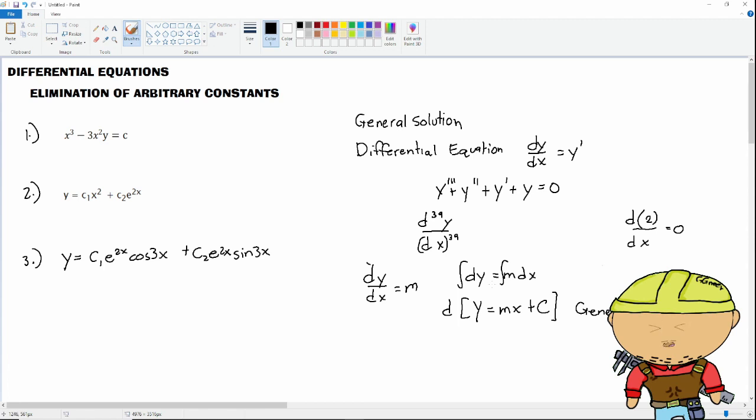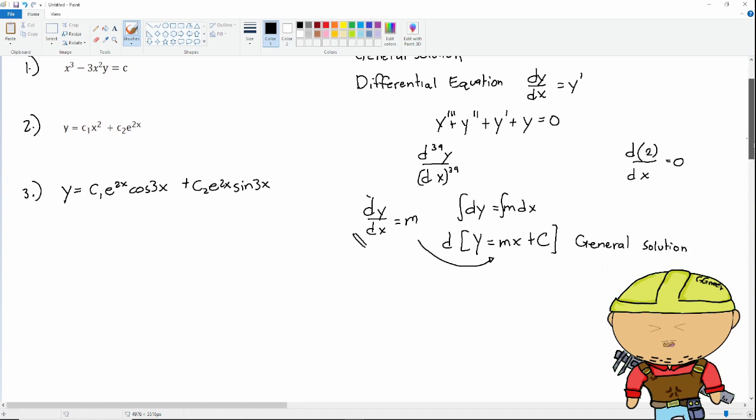For example, the slope dy over dx describes how your straight line behaves in your Cartesian coordinate plane. Any differential equation will describe how your general solution will work. So in elimination of arbitrary constants, the idea is to eliminate the arbitrary constants and get your differential equation.